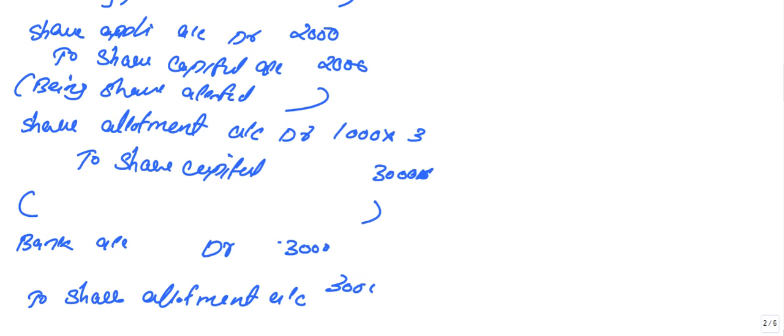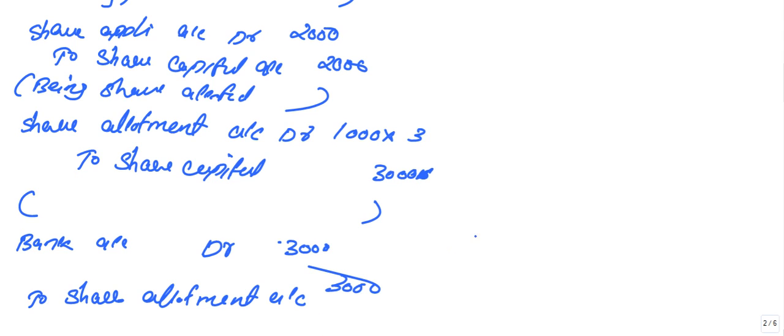Here also I can write 3000. Like this only. Second call and first call: first call due, share first call account debited to share capital, and then bank account debited to share first call. Like that, share second call account debited to share capital, and next bank account debited to share second call. This is the normal way we are collecting them.